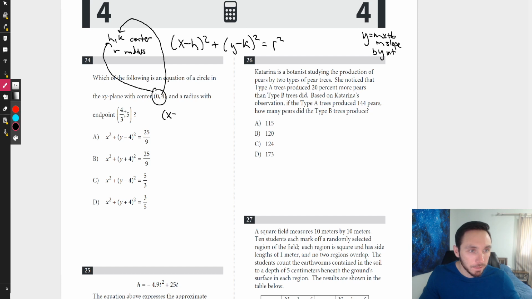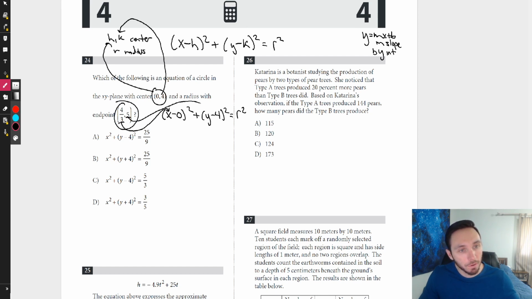I would do x minus 0 squared plus y minus 4 squared is equal to r squared. And this point exists on my curve, so I would plug in 4/3 for x and 5 for y, and then solve for r. 4/3 squared plus, 5 minus 4 is 1, 1 squared is equal to r squared.